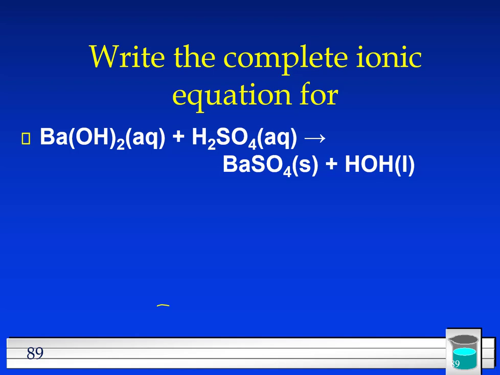So is there really any barium hydroxide? There's really barium 2+ ions and OH- ions. Is there really any H2SO4? Well, it says aqueous, so there's not any. It's H+ and SO4 2-.